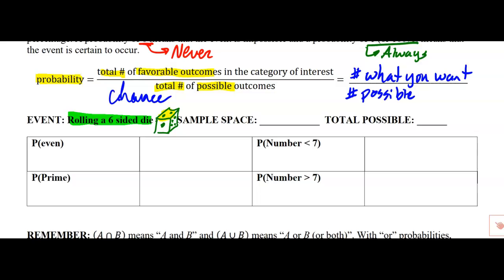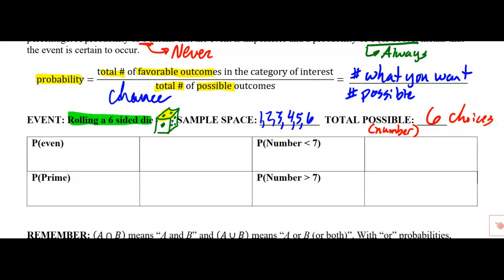So the sample space is all possible choices if I roll over and over: 1, 2, 3, 4, 5, and 6, okay? So what's our sample space number? Well, it's 6 because there's 6 choices.